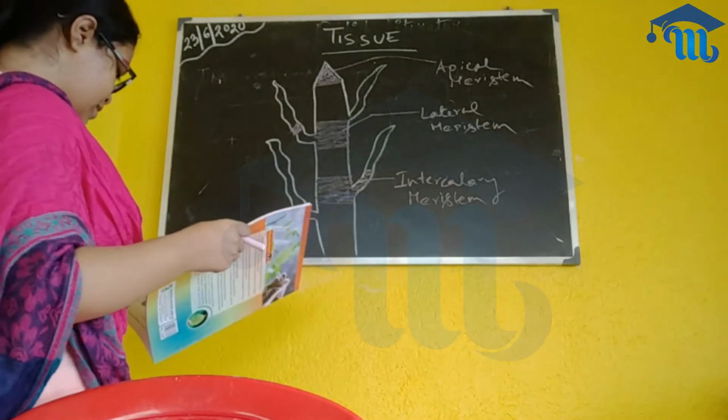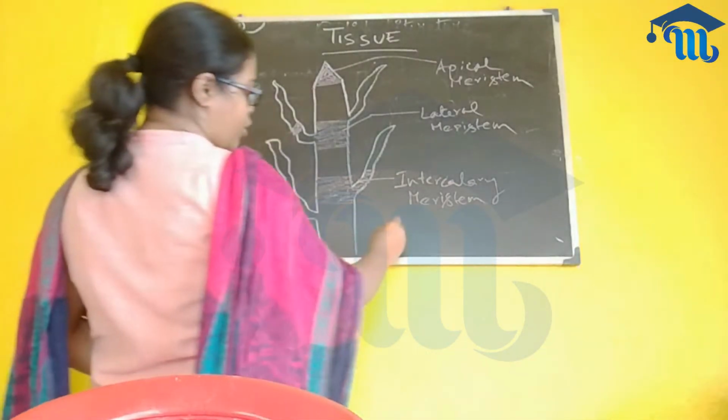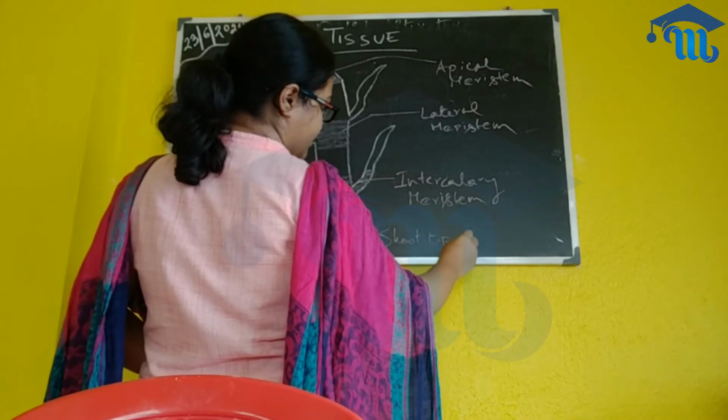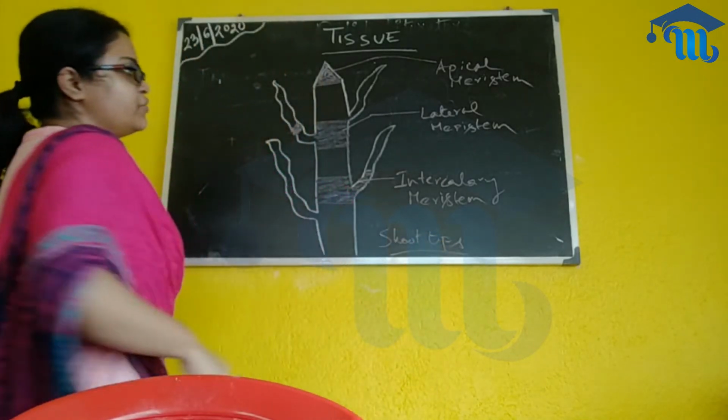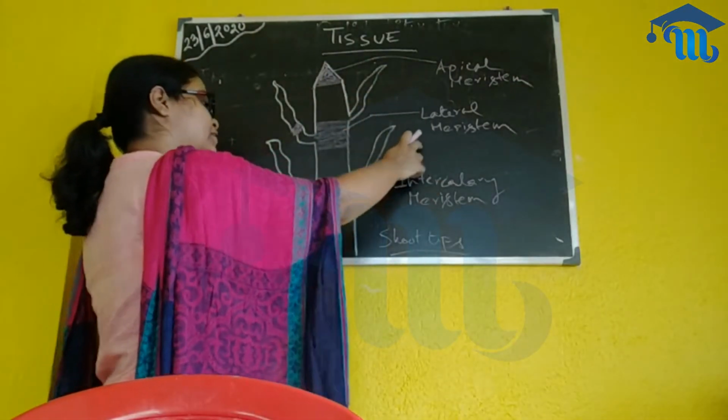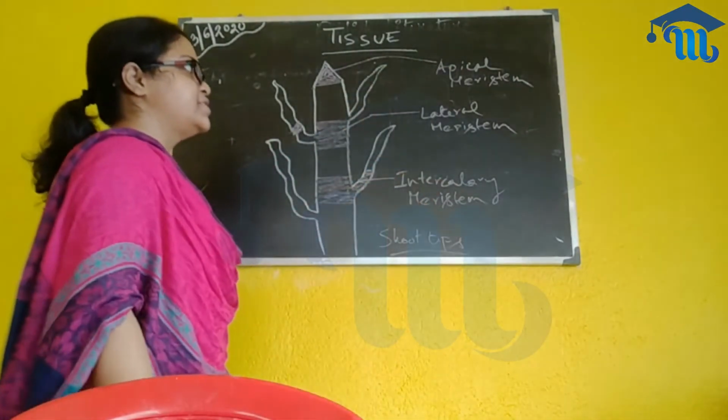This is the diagram of the shoot tip of the plant, and from here you can understand what is apical meristem, what is lateral meristem, and what is intercalary meristem.